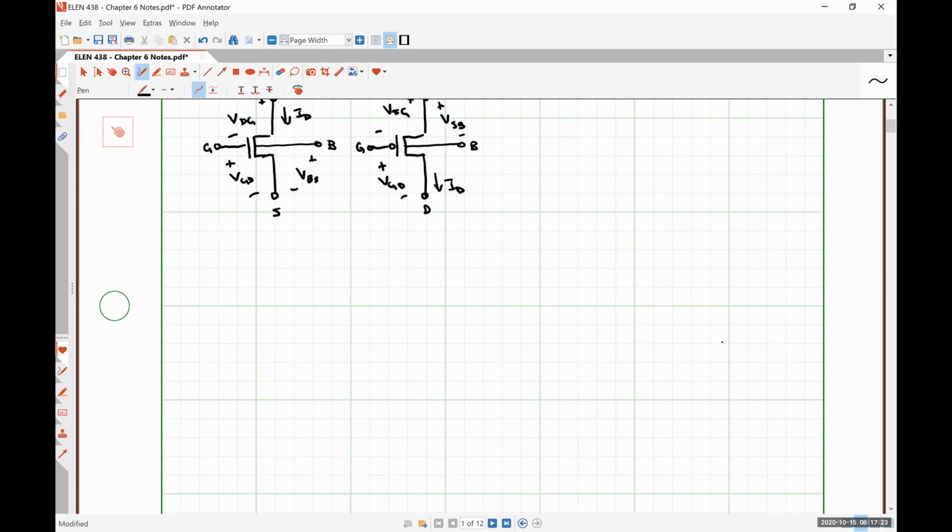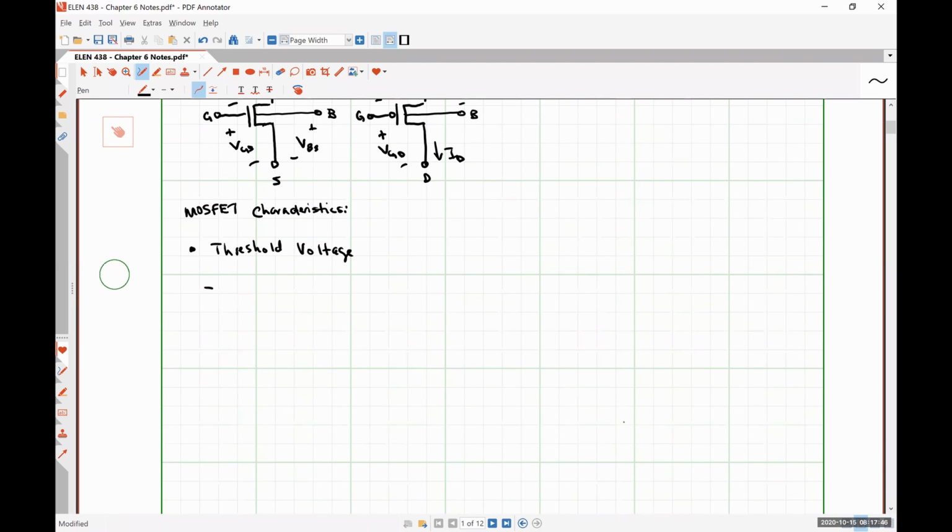Alrighty, so now let's jump into our MOSFET characteristics. And the first thing that we're going to talk about is our threshold voltage. So let's consider a simple NMOS transistor connected to external voltages.